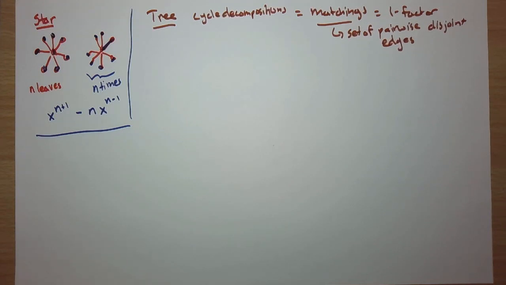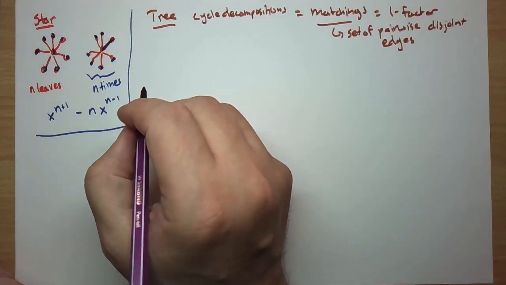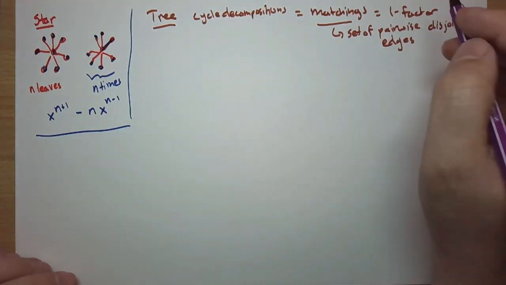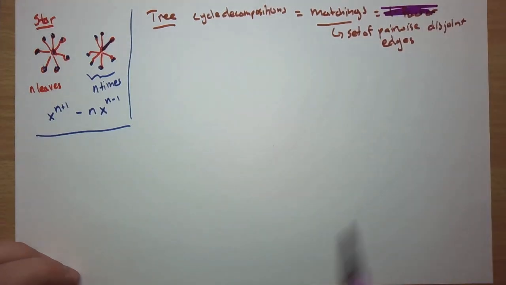So should we do some paths? There's a fun thing that happens with paths. Could you cross out that 1 factor? Thank you. I think 1 factor might be okay, I think it depends on the definition.